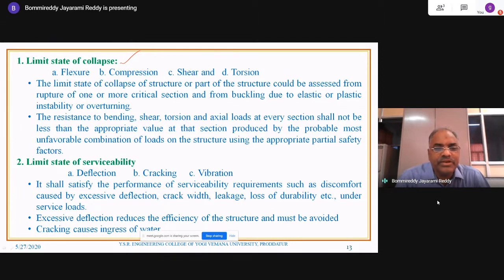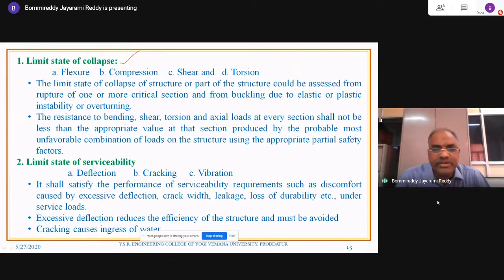So here assessment is till the failure of the structure or till the failure of one or more critical parts of the structure. The resistance to bending, shear, torsion and axial loads at every section shall not be less than the appropriate value at that section produced by the probable most unfavorable combination of the loads.